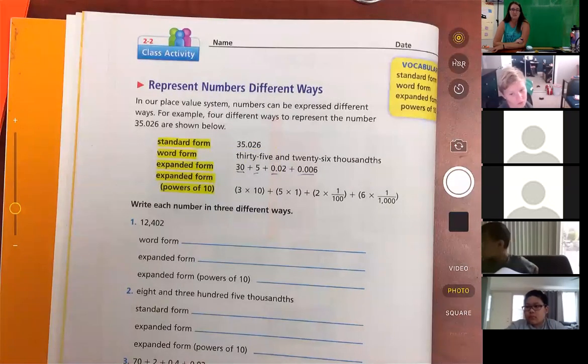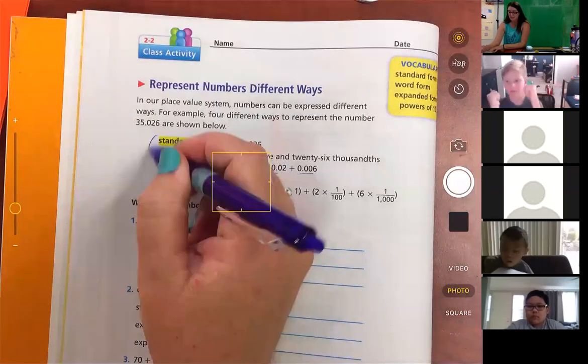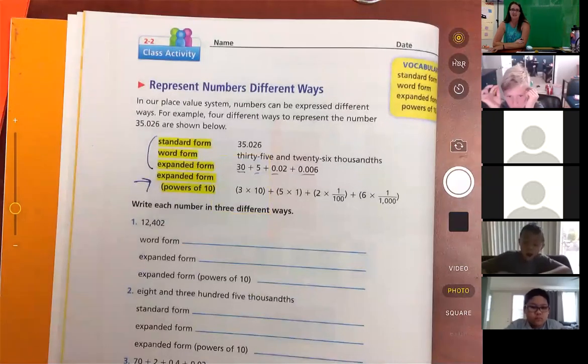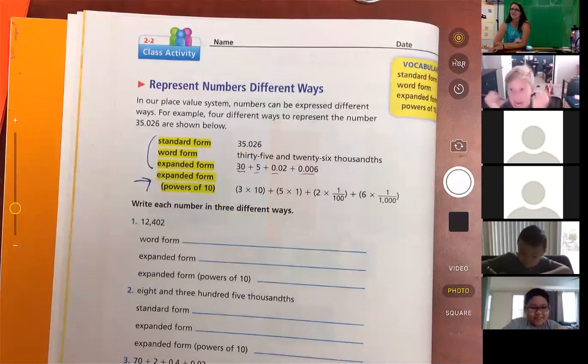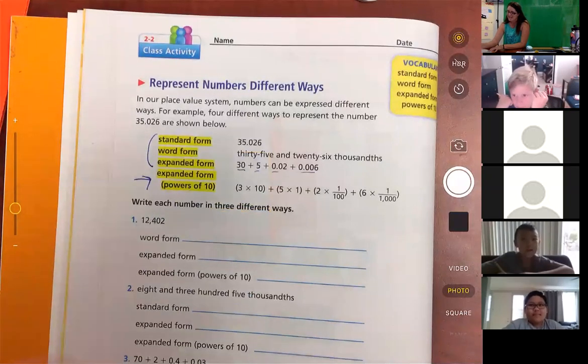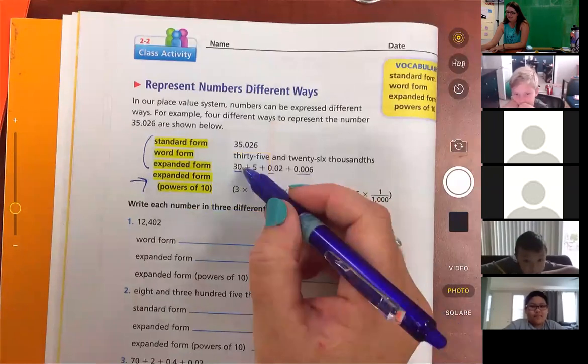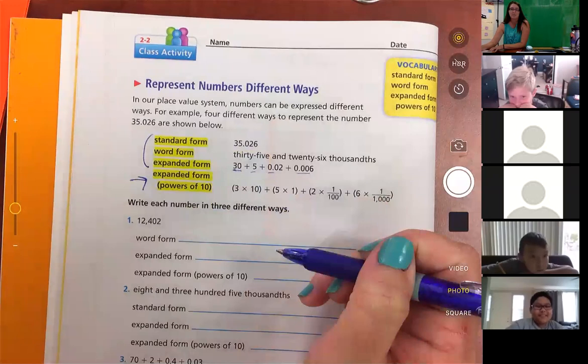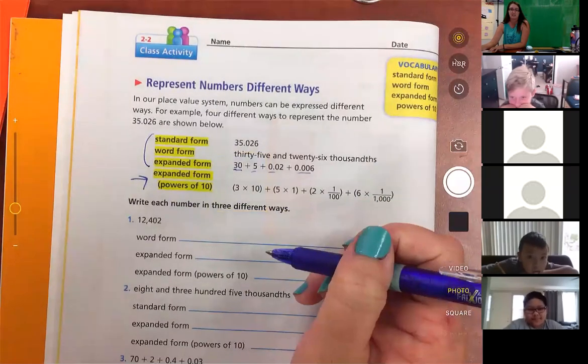And then the new one for you guys this year, the rest of these we've done before, is this expanded form, powers of 10. And that's, oh, Landon, are you excited about this part? That's where you would say, okay, 30 is the same as 3 times 10. So you're just taking that first digit and thinking, what do I multiply it by to get it to that place value?